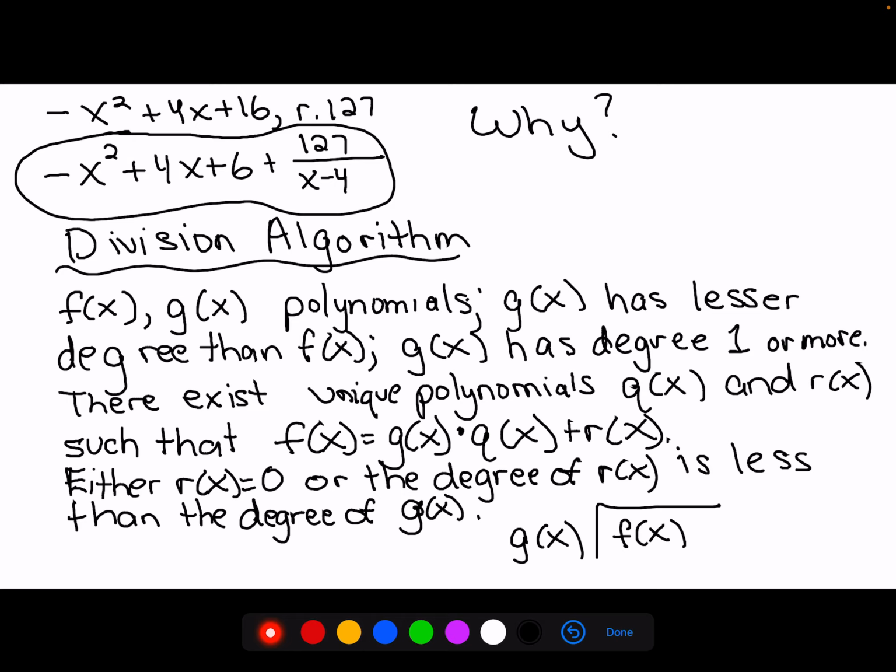Q of x stands for quotient, so that's a nice, easy thing to remember. Then r of x is the remainder. So this is saying that if you take your divisor times your quotient and add your remainder, then you get the same thing as the dividend.